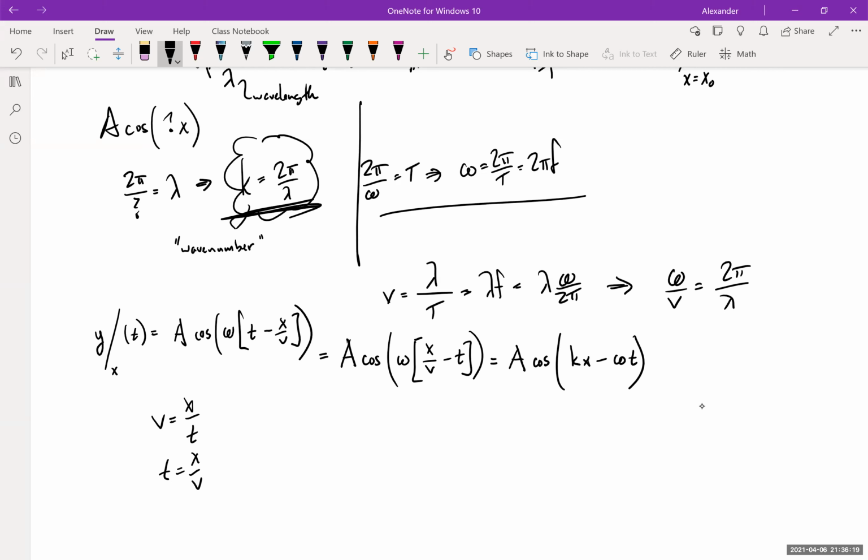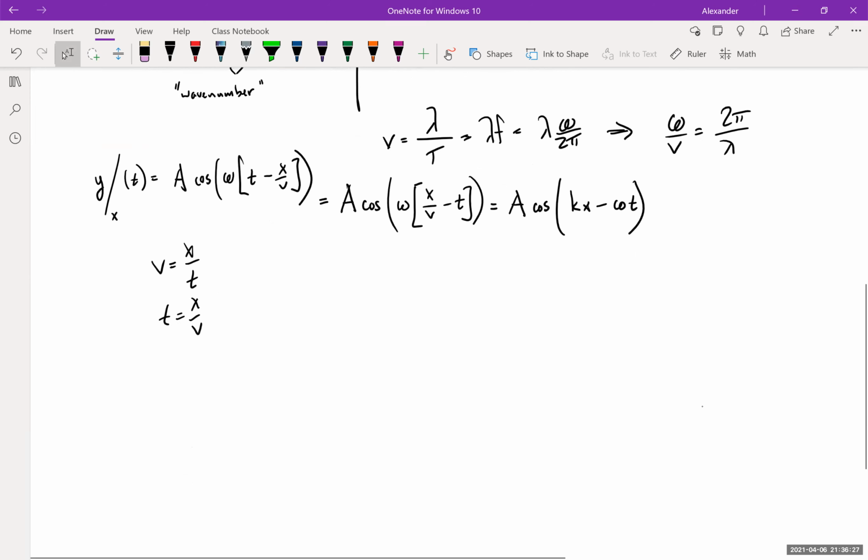We derived it for one particular x value, but we could expand this to include the whole range of x values if we write this as a multivariable function. Not a two-valued function, that's not a function. A two-variable, multivariable function.